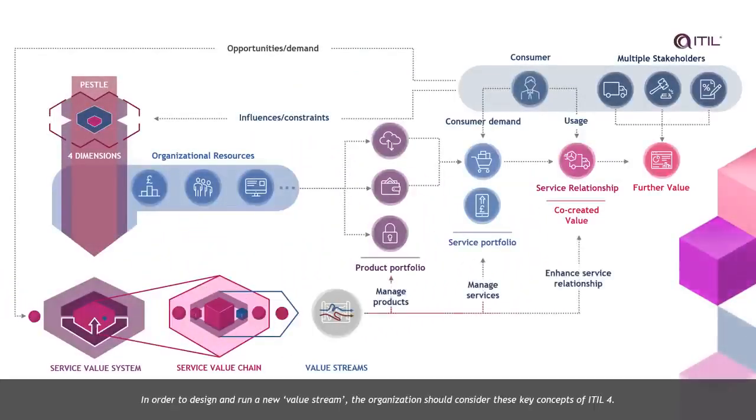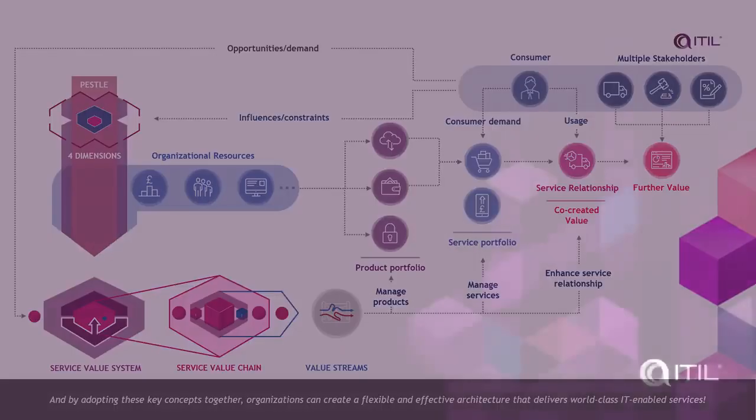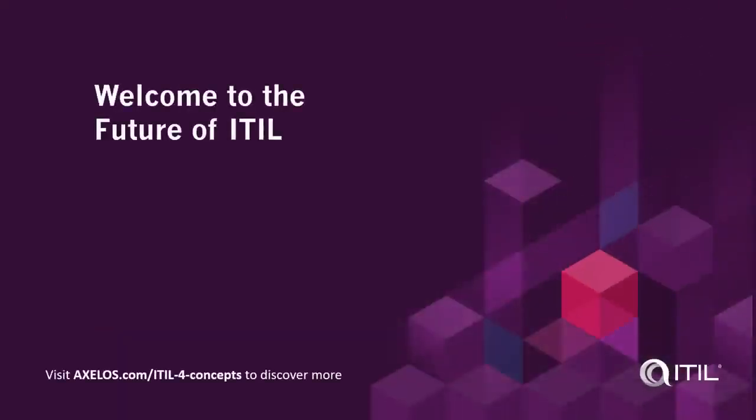In order to design and run a new value stream, the organization should consider these key concepts of ITIL 4. And by adopting these key concepts together, organizations can create a flexible and effective architecture that delivers world-class IT-enabled services. Welcome to the future of ITIL.